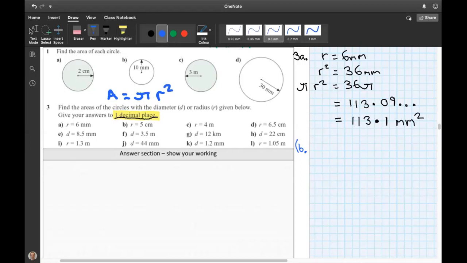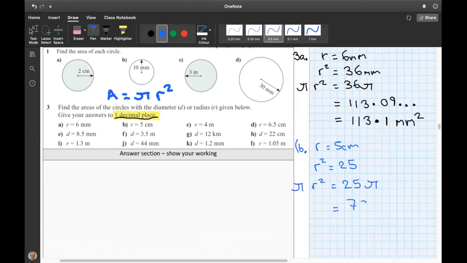Okay, so we've got B now. Our radius for B was 5 centimeters. So our radius squared, R squared, will be 25. Pi R squared will be 25 pi. If you press your SD button next, you'll find the numerical value of 25 pi.